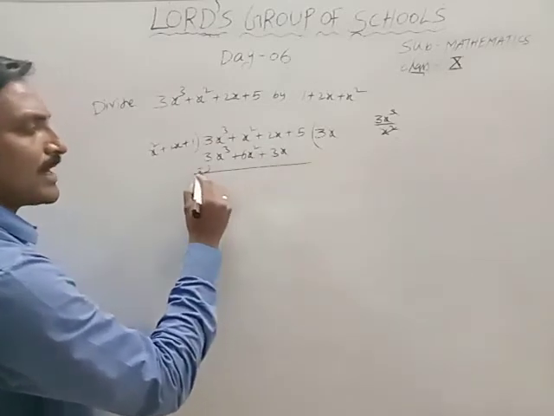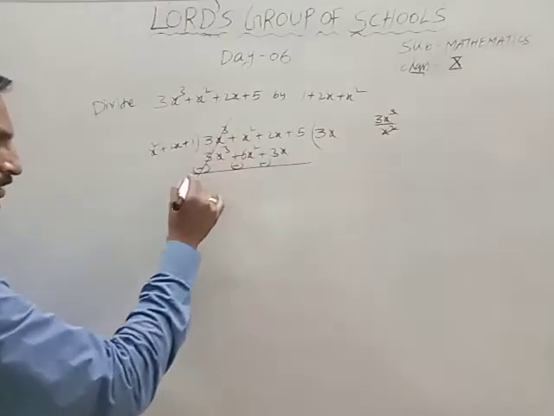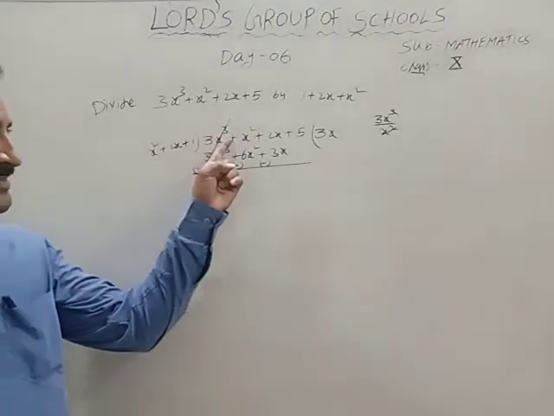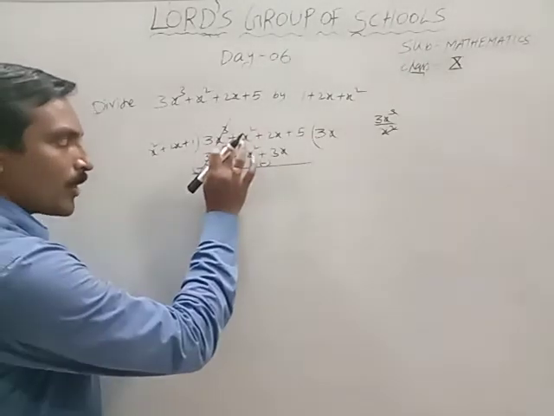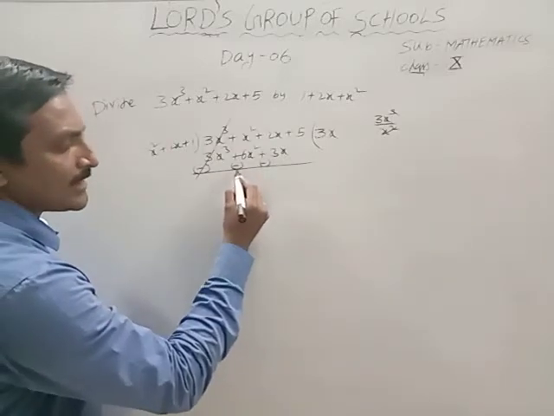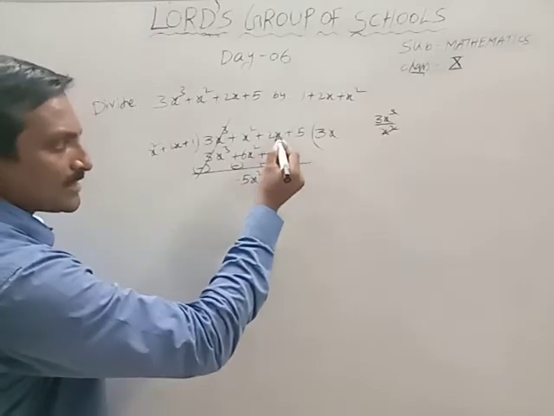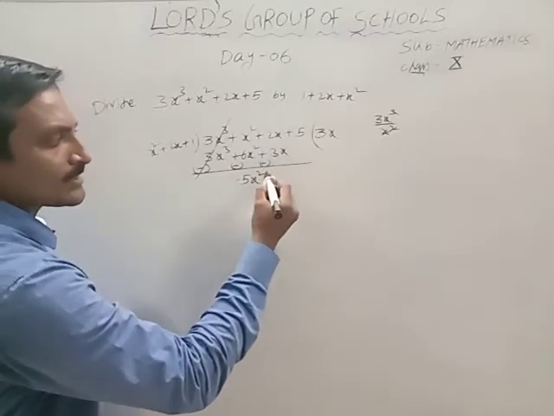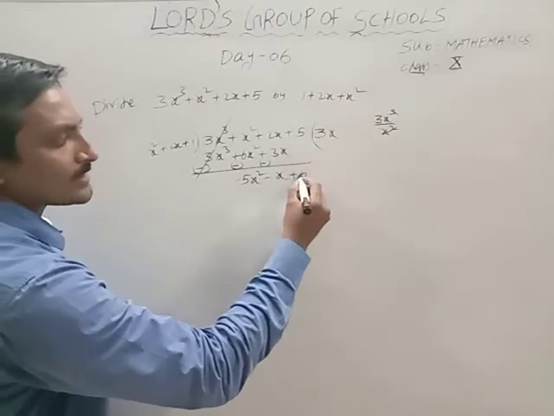Change the symbols: minus, minus, minus. These two will be cancelled. Plus 1x square minus 6x square: 1 positive, 1 negative, so we have to do subtraction. You will get 5, the greater number, with minus: minus 5x square. Plus 2x minus 3x, you will get minus x. Plus 5 as it is.